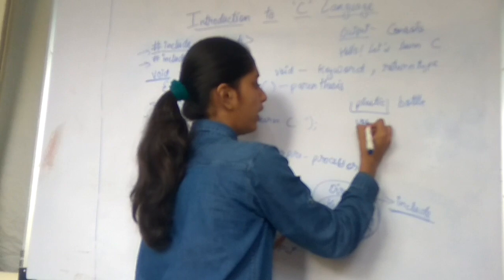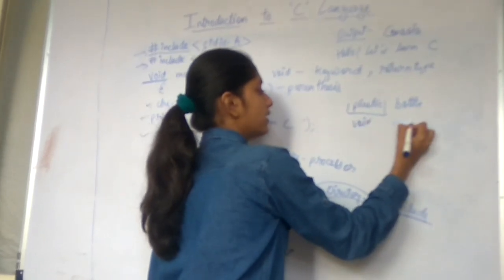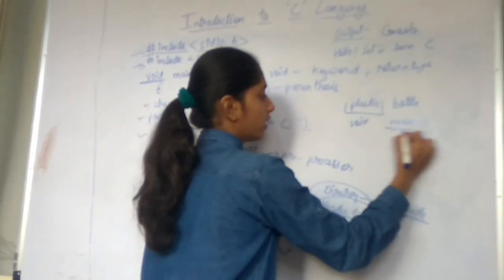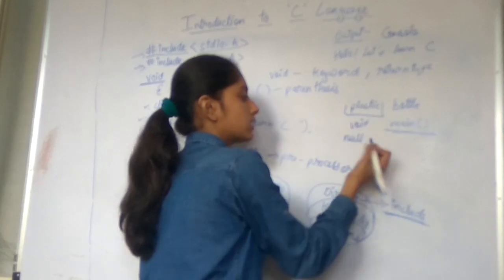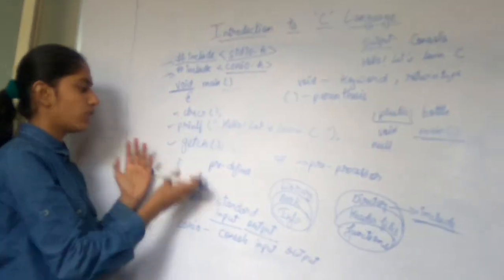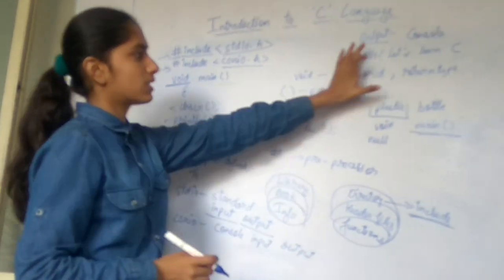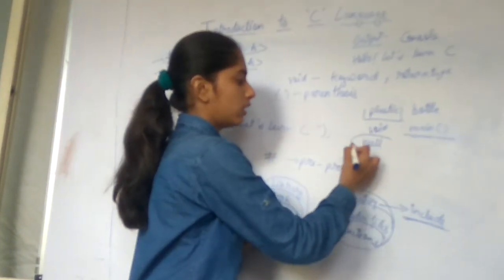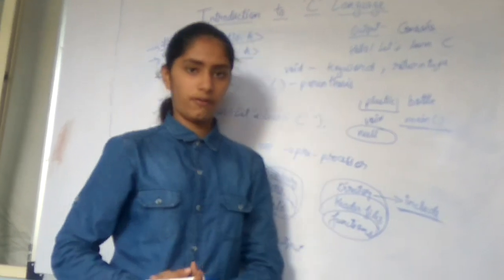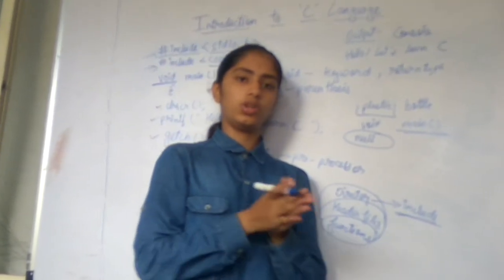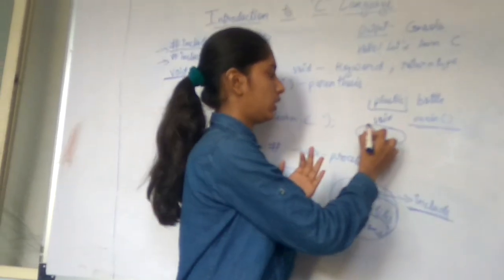Similarly, when I write void main, this void specifies that this function is going to return a null value. As you can see, this function does not return any value. It simply executes the code and prints the message, which means it returns a null value. So whenever a function is going to return a null value, you use the keyword void for it.